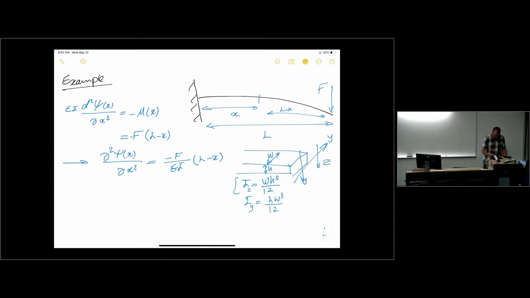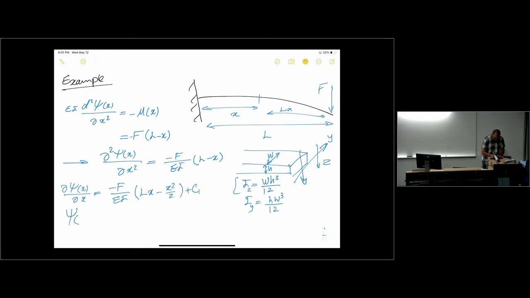Now I can solve this equation. I can integrate once and see that the first derivative is just going to be minus F over EI times (Lx minus x squared over 2) plus some constant C1.